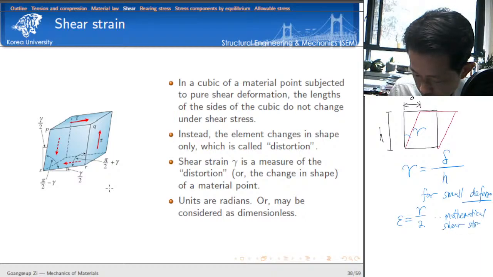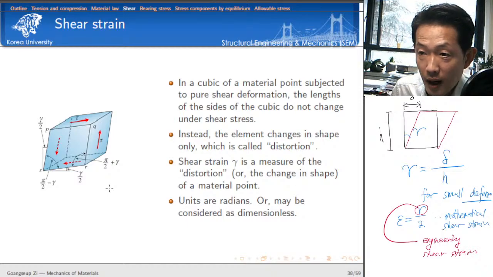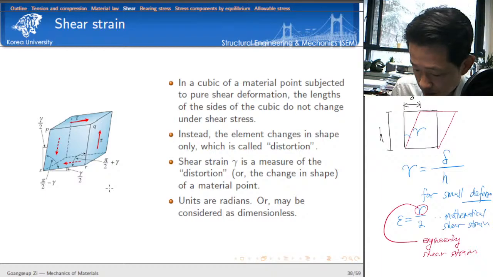Then what is gamma? The gamma is called engineering strain, engineering shear strain. 공학적 전단 변형률.